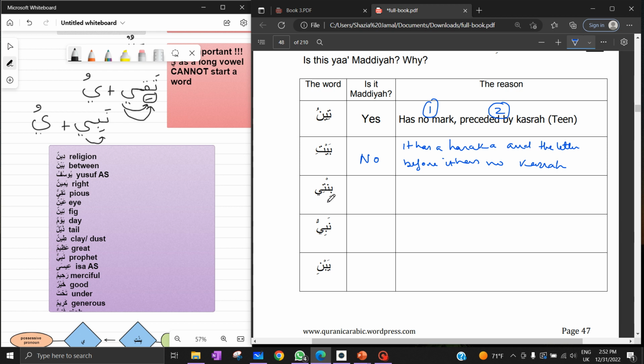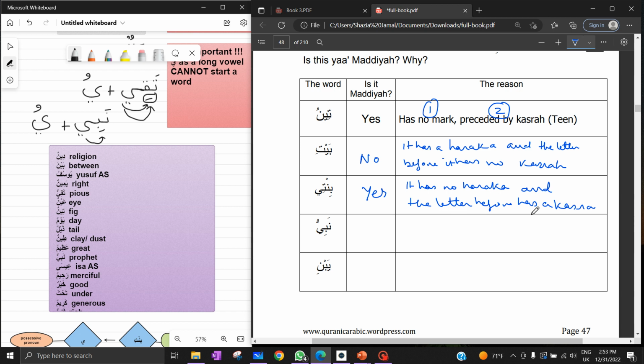Binti, does it have a long vowel? Yes, the last letter is a long vowel. What are your reasons? It has no haraka. And the second proof, the letter before has a kasra.